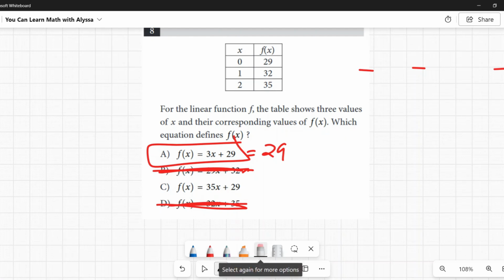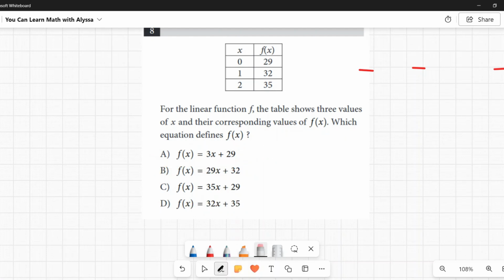Honestly, when I looked at this, I thought there was a mistake. As soon as I saw these huge numbers for x and these tiny little outputs, I hardly did any math. I just looked at 29 times 1 plus 32. Is that 32? What? 29 plus 32, 35 plus 29, 32 plus 35.